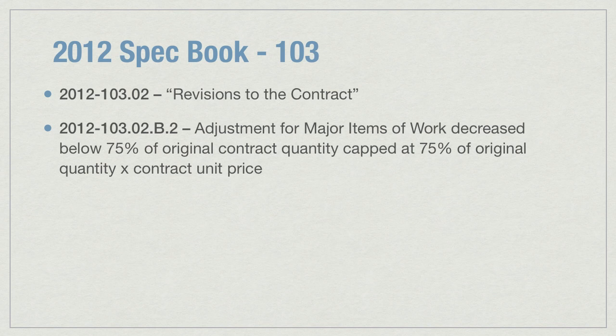Subsection 103.02.B.2 has changed the allowable maximum adjustment for major items of work when they decrease below 75% of the original contract quantity. The allowable maximum adjustment cannot exceed 75% of the original contract quantity times the contract unit price.